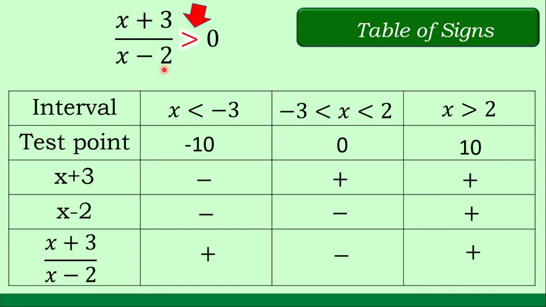So what are those values that are greater than 0? Are those positive or negative? Right, those are positive integers. So that means we are going to look into our table of signs with the final sign of a positive sign. So here that will be this. Having a positive sign for the final rational expression. Considering that, again, that will be our answer.